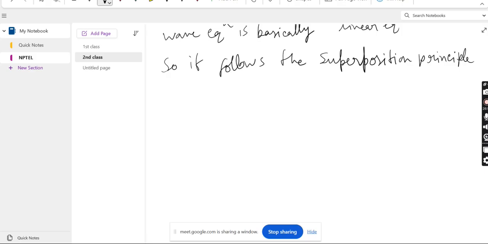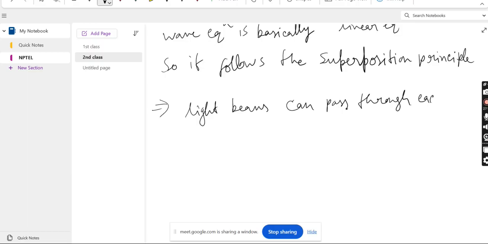You can go through the PPT, and the conclusion is basically that light beams can pass through each other, and in passing through, if their polarization is the same and the frequency is the same, they are going to interfere. And when they interfere, the result can be constructive and destructive, and we get the interference fringes.